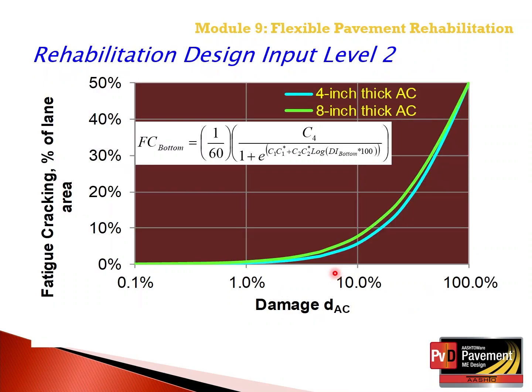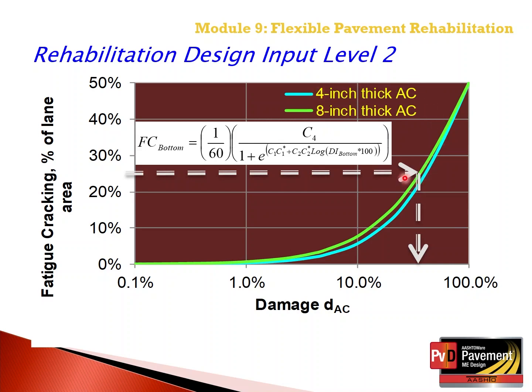Again, severity does not impact the existing fatigue damage. It only impacts the default load transfer efficiency used in reflection crack predictions. This just shows that the bottom-up fatigue cracks are impacted slightly by the total thickness of the asphalt layer.